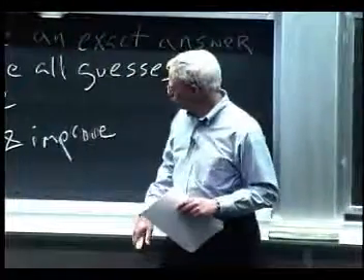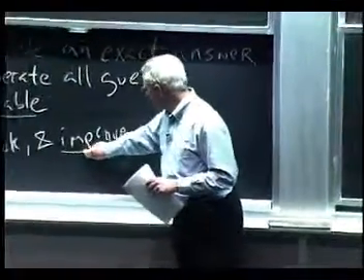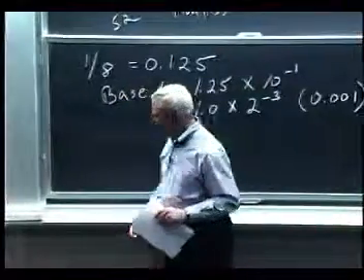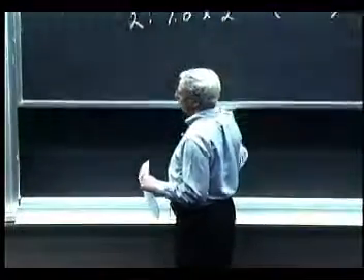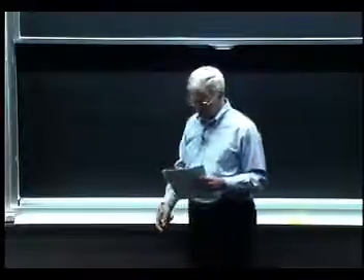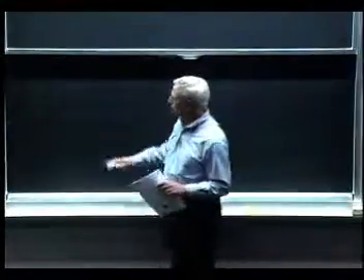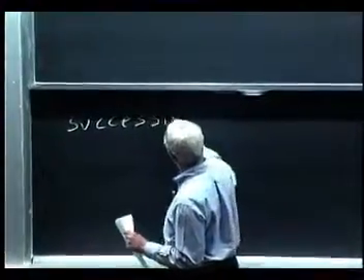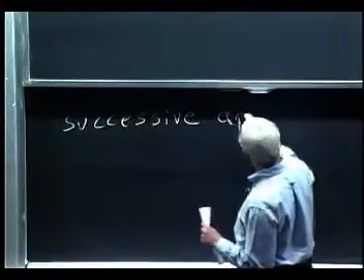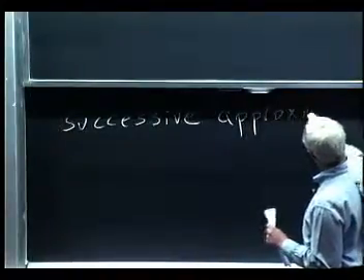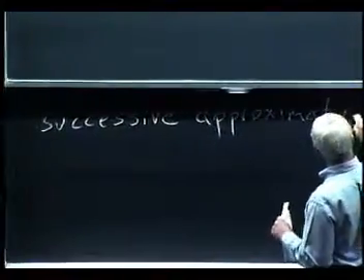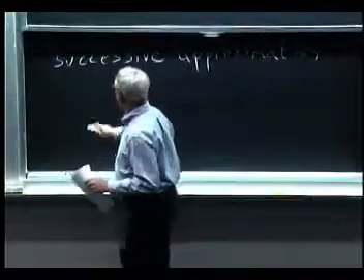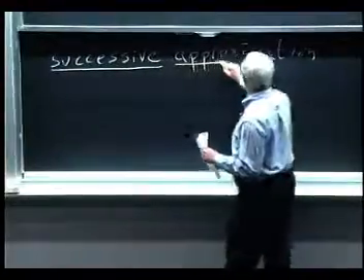Now, we're going to find a way to do the enumeration where we have good reason to believe, at least with high probability, that each guess is better than the previous guess. This is what's called successive approximation. And that's a very important concept.